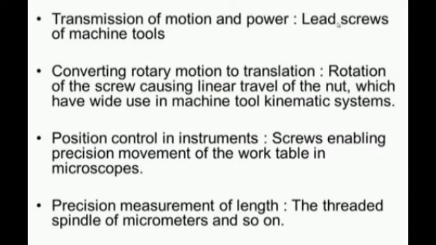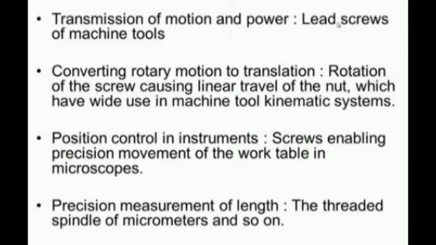And these are also used for converting rotary motion to translation, that means rotation of a screw causing linear travel of a nut, which has wide use in machine tool kinematic systems.